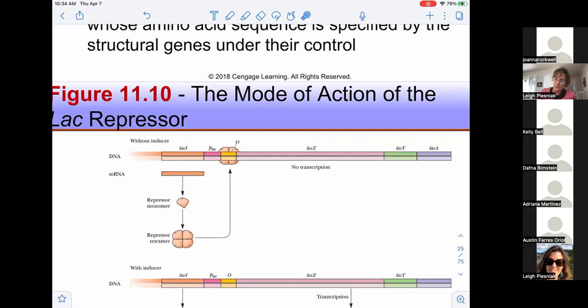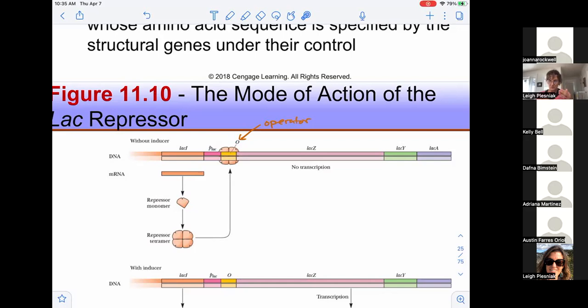O stands for operator. Remember, an operator is a piece of DNA to which a transcription factor binds. And this P tag here is the promoter. The promoter and the operator can overlap, and they do here.